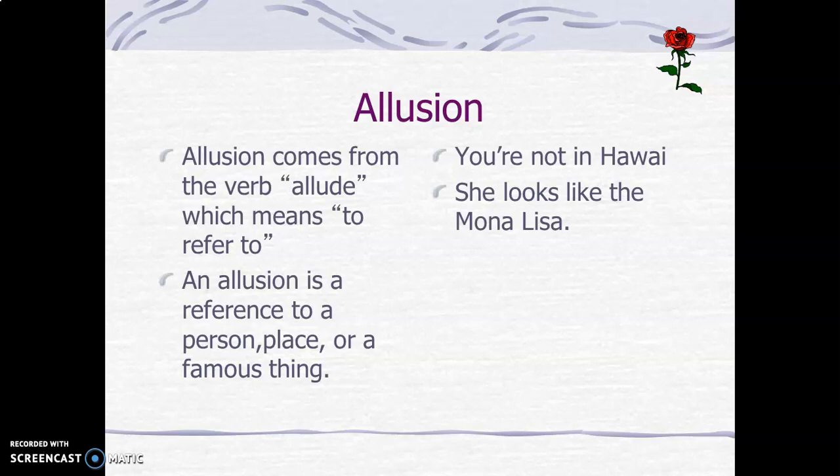When you describe someone, okay, that she looks like the Mona Lisa, this means that she is maybe very beautiful, maybe she is very traditional, maybe she has lovely eyes, etc. So it depends. But this is called allusion. Allusion is a reference to a person, place, or a famous thing.